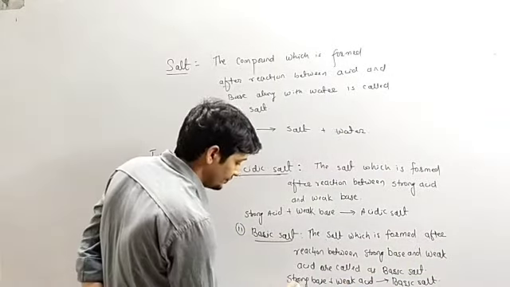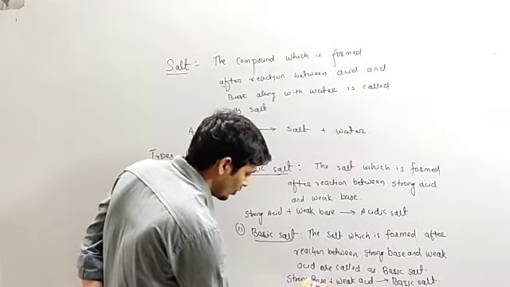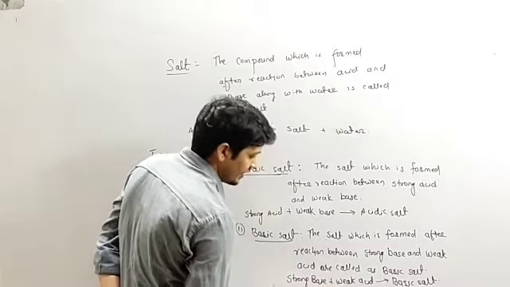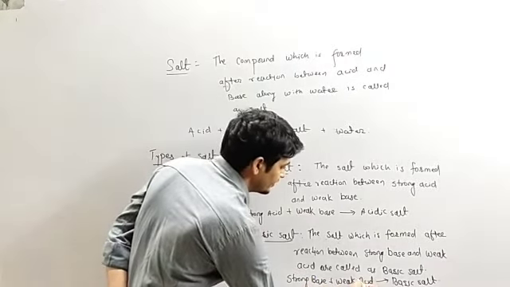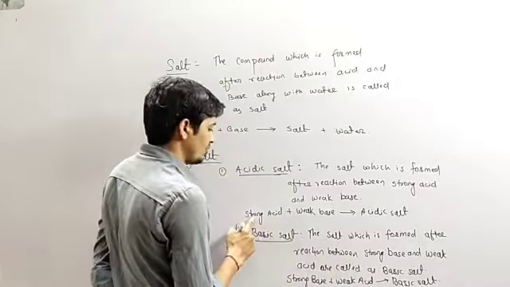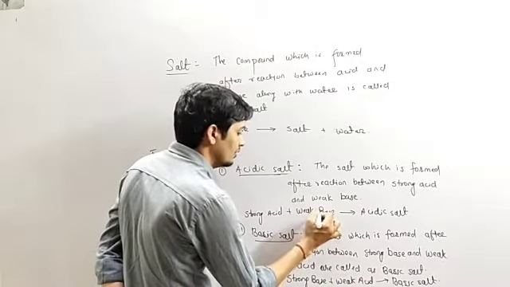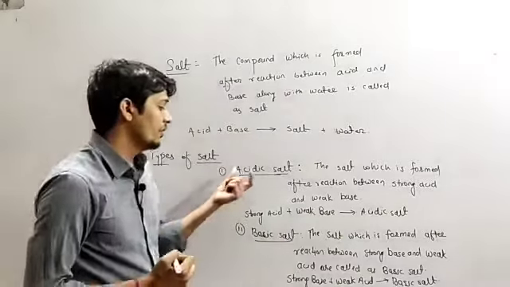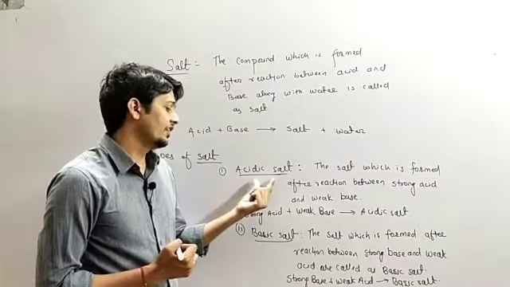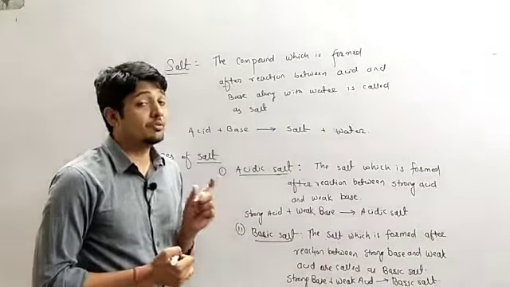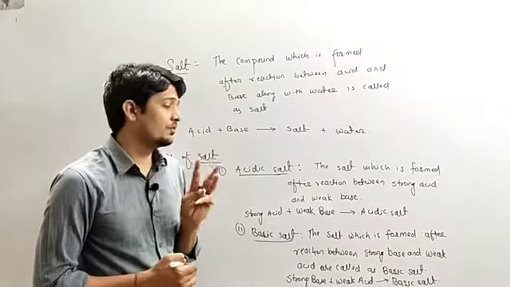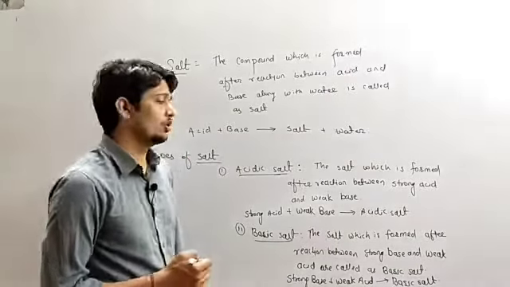Okay, so this is the strong base and weak acid. Here we have strong acid and weak base. Okay, so we have already discussed acidic salt and basic salt. Now we will discuss about third type, which is the neutral salt.